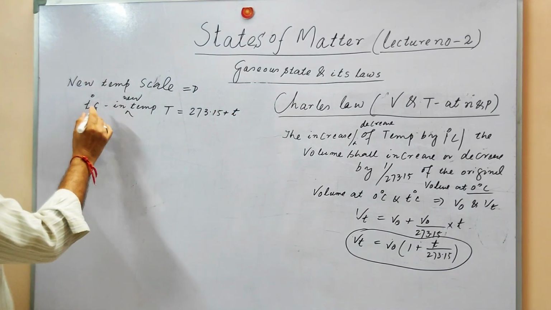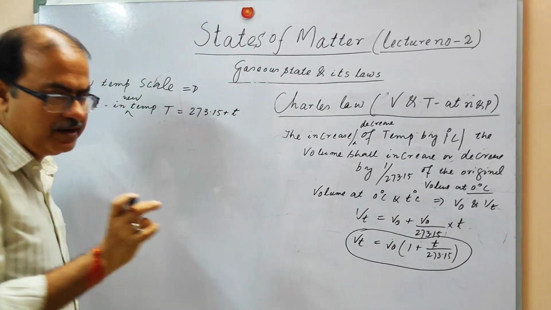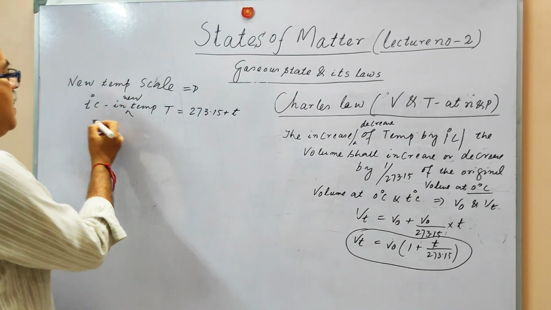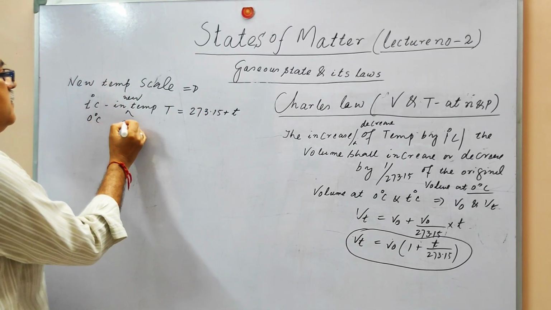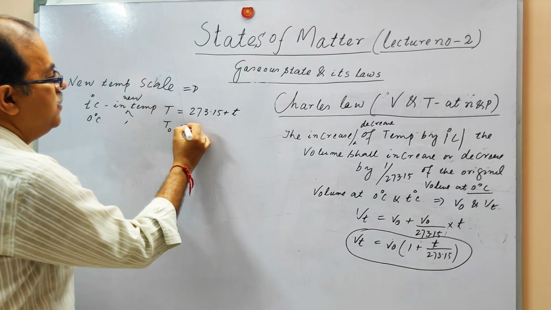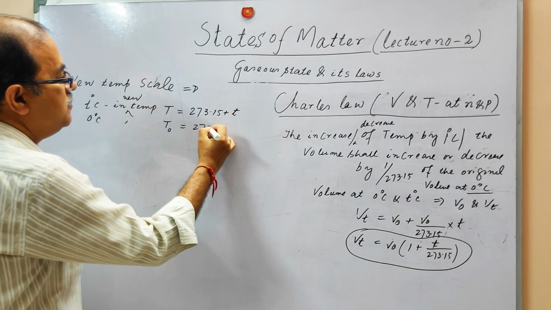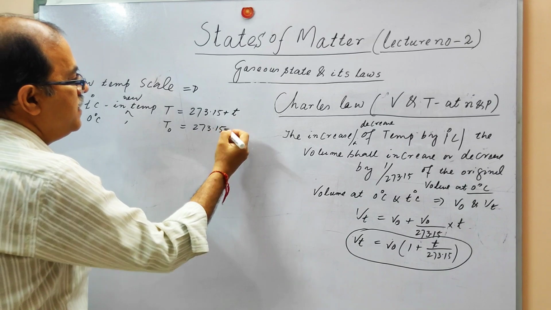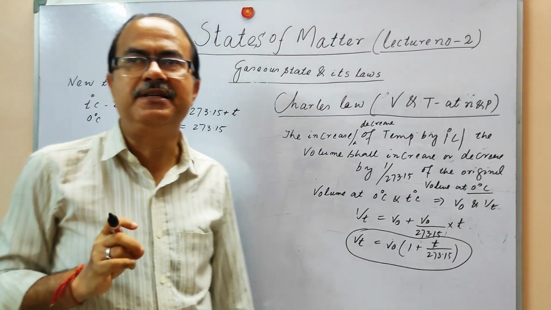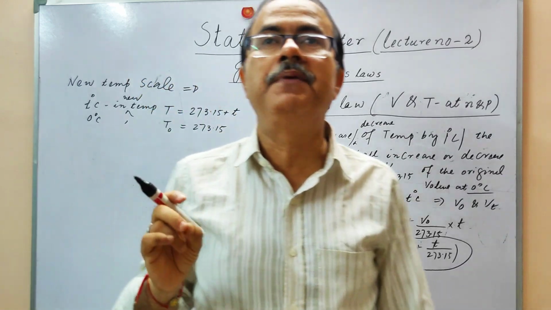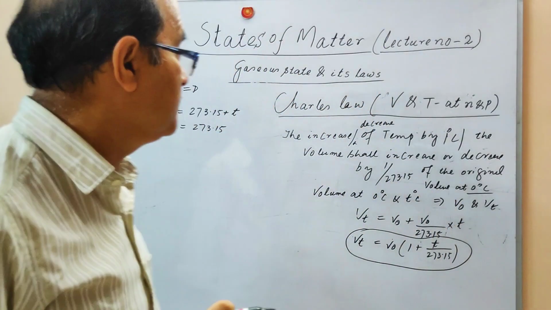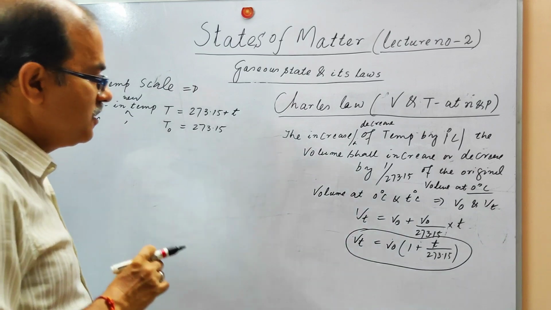For t degrees in the new temperature scale, you have to add 273.15, and 0 degrees Celsius in the new temperature scale, represented by T0, will be 273.15. This temperature scale is called the Kelvin temperature scale, or absolute temperature scale, or sometimes the thermodynamic temperature scale.